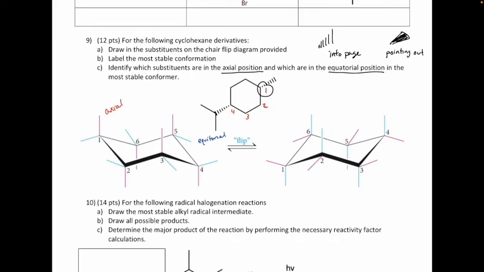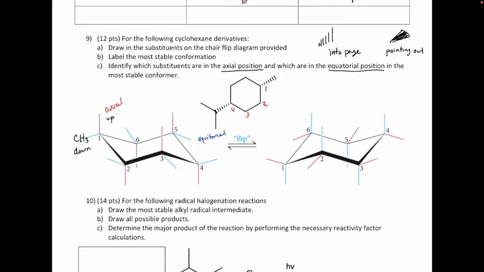So I'm going to go to my 2 bonds here. This one's pointed up, the axial position. The equatorial position on this particular carbon is pointed down. So I'm going to put my methyl group on that carbon there. All right. Now I'm going to go over to carbon 4.